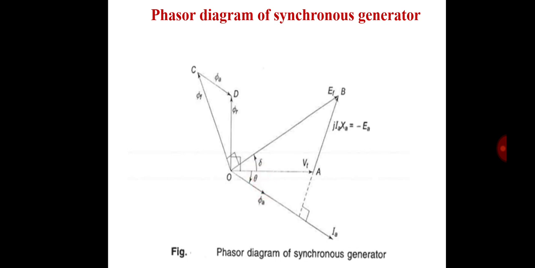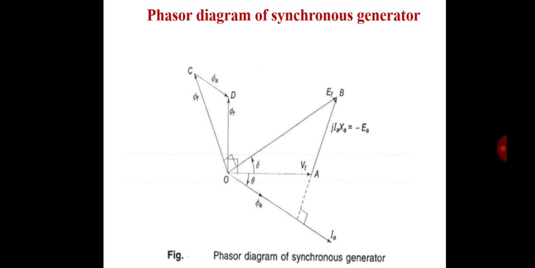Now in the direction of phi A, we find the sum, the resultant flux. So we draw phi r in the diagram.